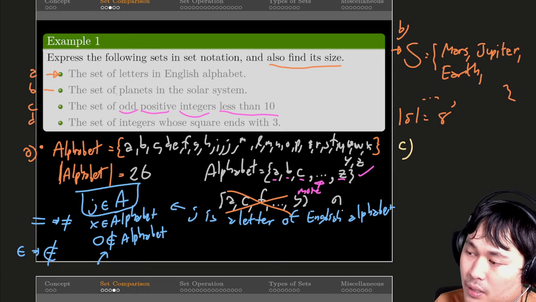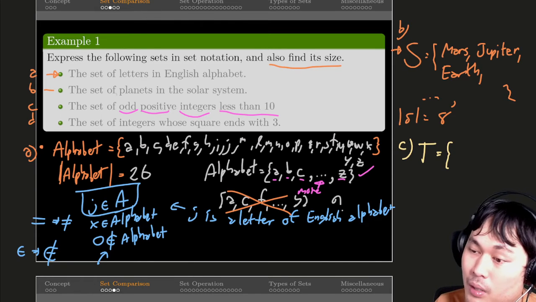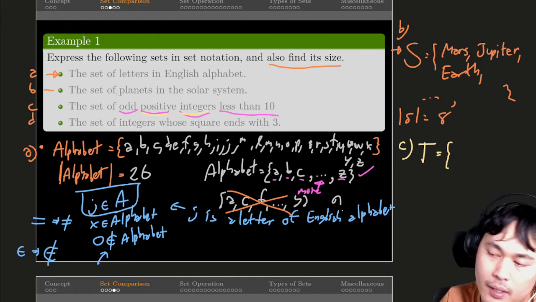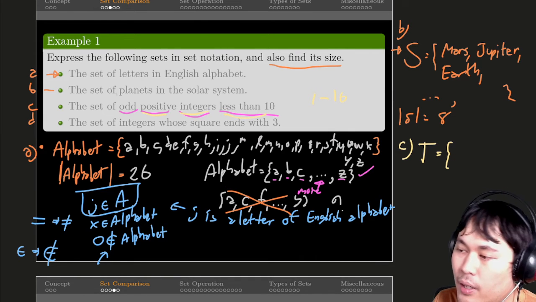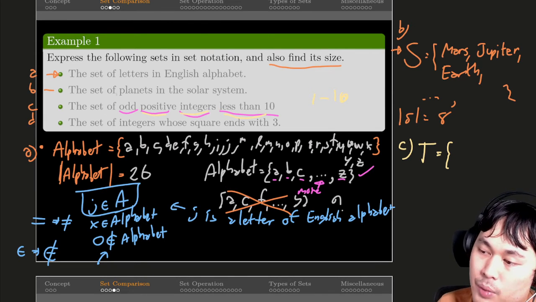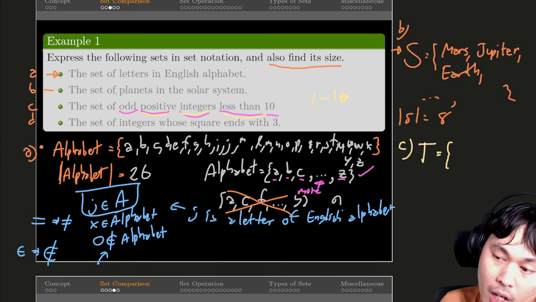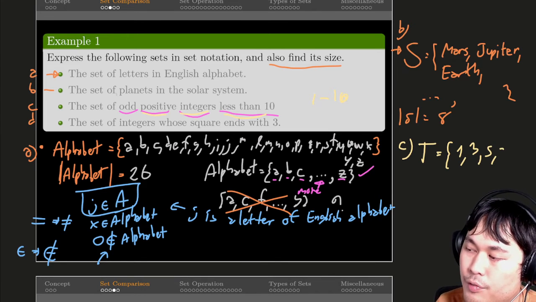So let's say the name of the set is E, so it's next to S. And here you can list them all. We need positive integers, so it's 1, 2, 3, 4, 5, and so on. But it's less than 10, so it's between 1 and 10. Only the integers or the whole numbers between 1 and 10. And it has to be odd, so this set only has 1, 3, 5, 7, and 9.